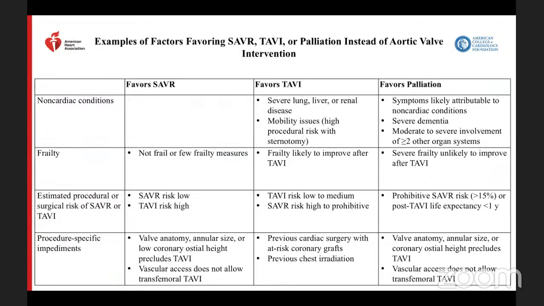Like the last box on the right side, the valve anatomy, annular size, or coronary ostial height precludes TAVI. That's fine. Okay, the next one. Vascular access does not allow transfemoral TAVI. Yeah, it favors palliation. So what about the other option?